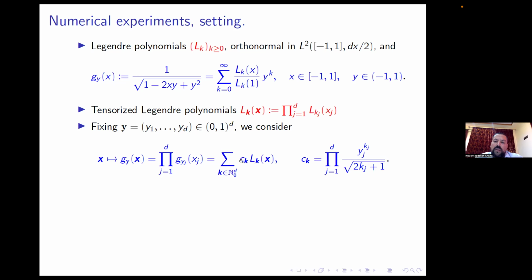These expansions are typical representers of smooth functions or of solutions of the type of parametric PDE we have considered in previous papers, or many other authors have considered in their papers, just solutions of parametric PDE that are highly smooth or have some anisotropic smoothness on the individual parameters.